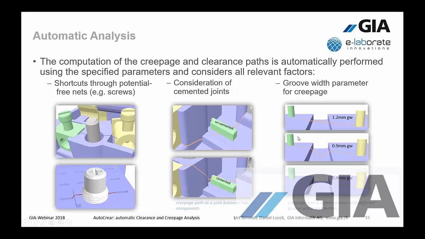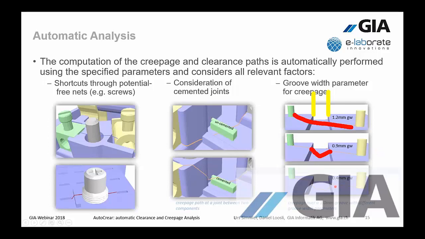And the behavior of the groove width is also nicely implemented. In an example, if this cut is 1 millimeter and the groove width is 1.2 millimeter, the path will go directly through. If the groove width is below 1 millimeter, the path will go that way.